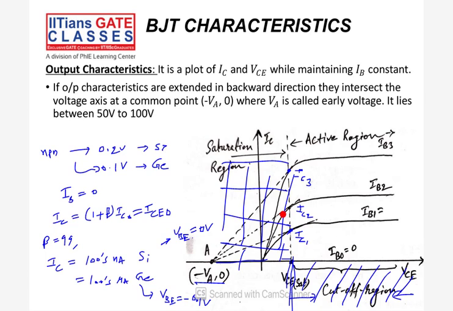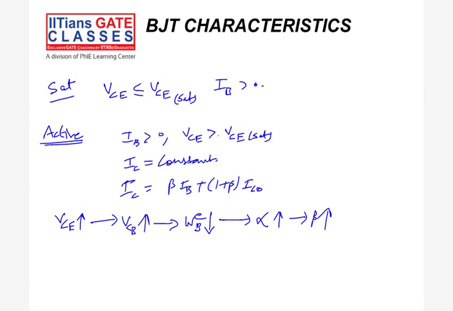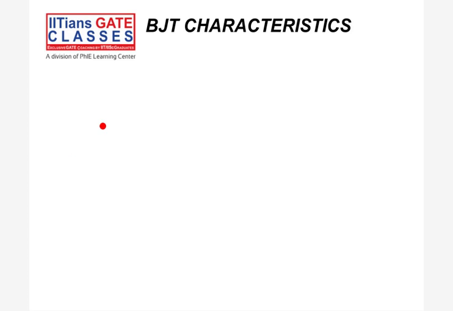Here I'll write slope is equal to IC1 minus 0 divided by VCE1 plus VA, because minus of minus VA is plus. So I can write IC1 divided by VA, because VCE is almost 0, it is a negligible value. So IC1 divided by VA in this case.